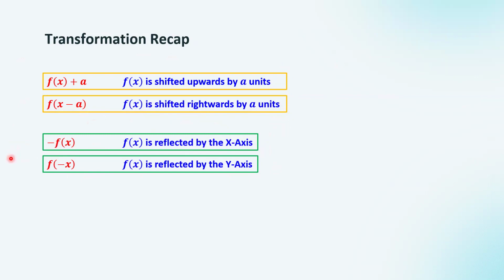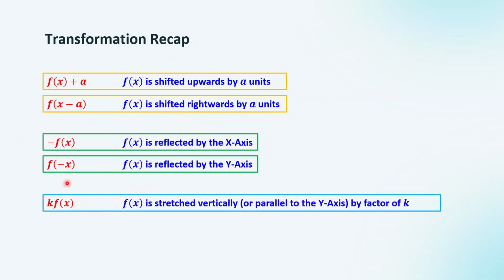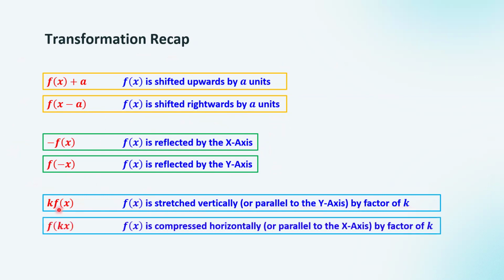And then for the stretch or compression, it's going to be like this. k f(x) means that f(x) is stretched vertically, or parallel to the y-axis, by a factor of k. And then f(kx) means that f of x is compressed horizontally, or parallel to the x-axis, by a factor of k. So those are the transformations that you are going to learn usually in school.